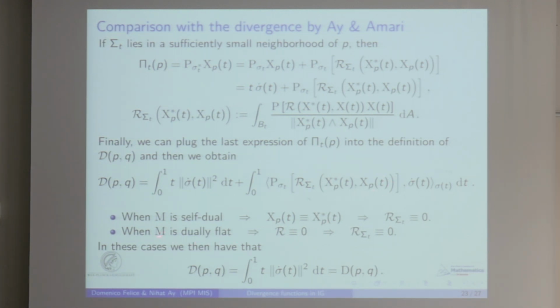The same happens in the dually flat case. In this case, the Riemannian curvature tensor is 0. Then in both cases, this term cancels out, and we get that the new divergence coincides with the one of Ai and Amari.